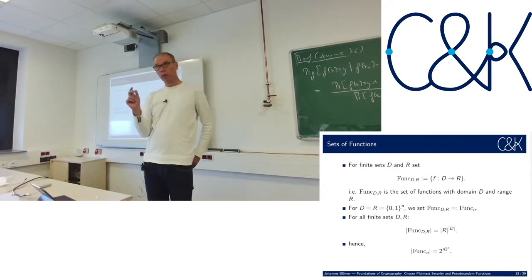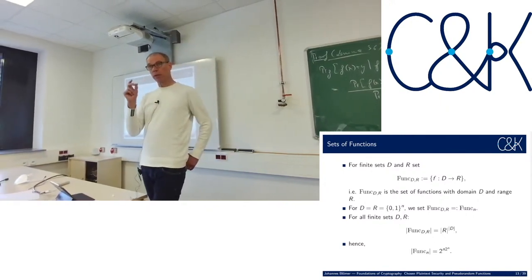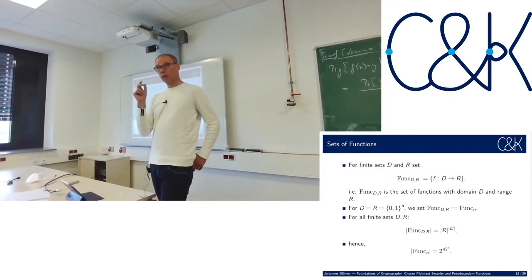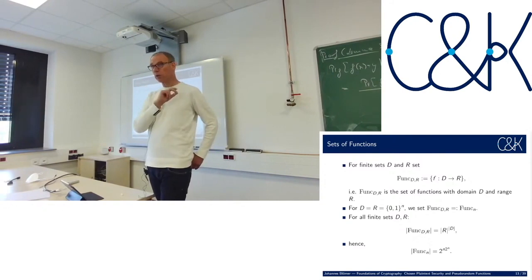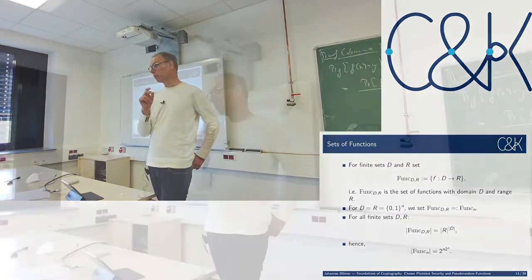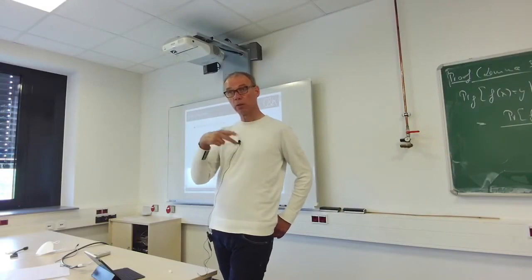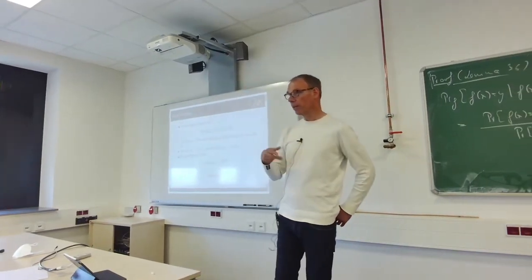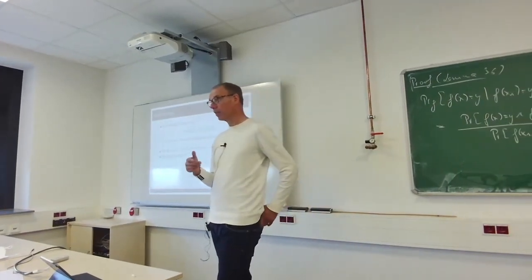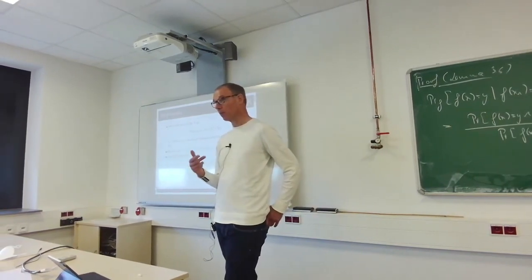Remember, this requires probabilistic encryption. To achieve that, you cannot use deterministic encryption schemes. You need to make sure that you will never see the same encryption of a message twice.